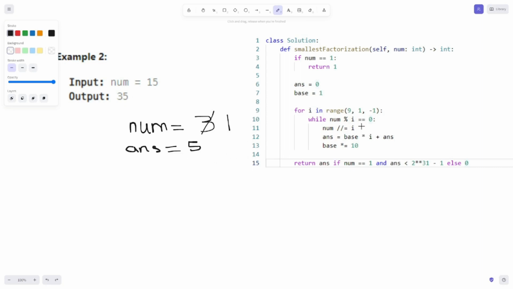And it's asking for 30 plus answer is 5. 5 plus 30 is 35. So answer becomes 35. Then we modify the base value, but since num is equal to 1, we do not need to iterate anymore in the loop. So then we return answer since num is equal to 1, and that is 35.